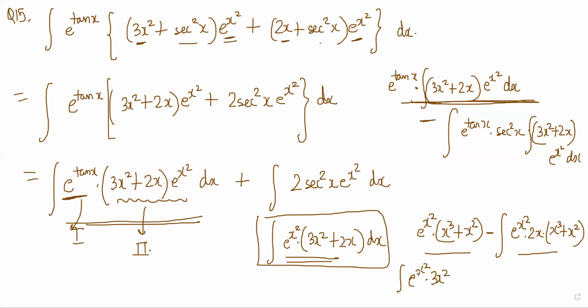That is not an issue, but the 2x part is the problem, 2x into e power x square. So we'll probably come back to it. I'll have to confirm whether this is correct or not. So for now, let's just ignore this. We will come back to this question once I have confirmed whether this is possible or not.